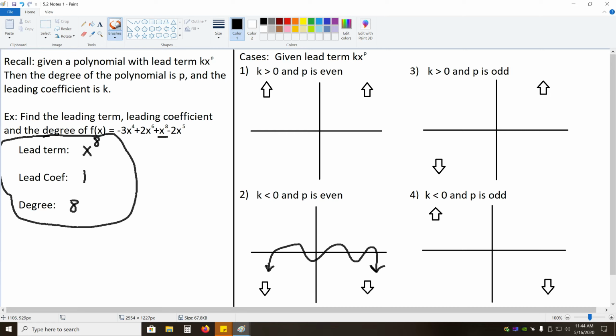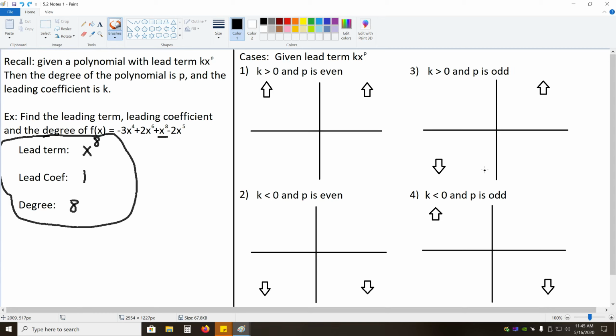We just know that both ends will point down. So it's important to note here, whenever you're dealing with p, the degree, being even, both ends will go together. They'll either both go up or they'll both go down. And they'll both go up if you're dealing with a positive leading coefficient, and they'll both go down if you're dealing with a negative leading coefficient.